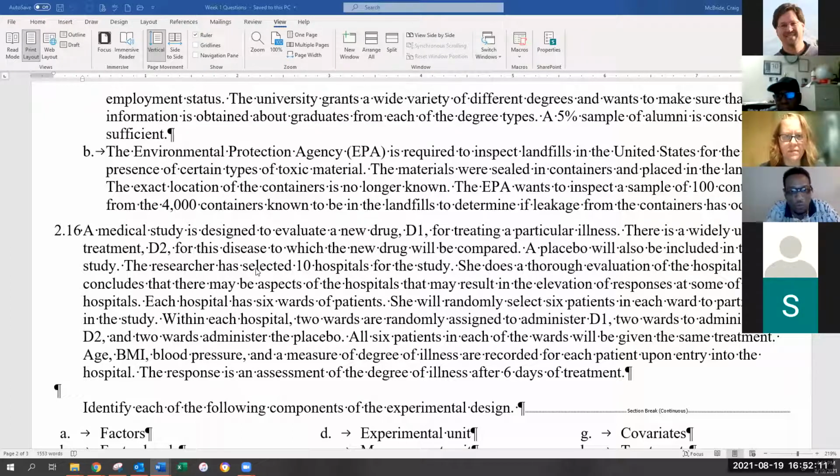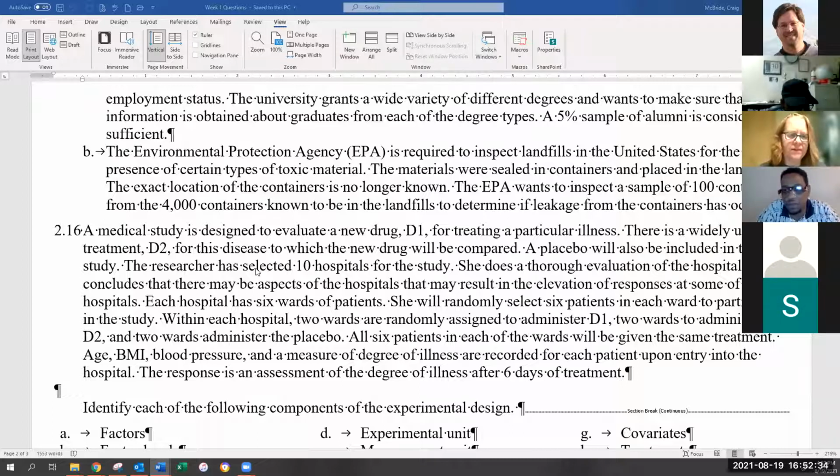One question. Where it says in here, each hospital concludes, there may be aspects of the hospitals that may result in the elevation of responses at some hospitals. So would that be a covariate, the aspects of the hospital that may elevate the responses?